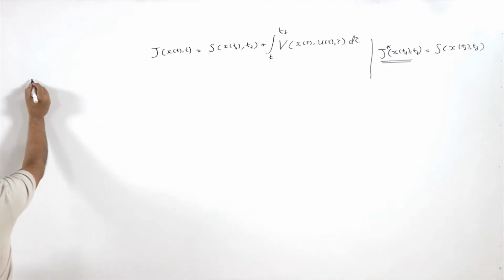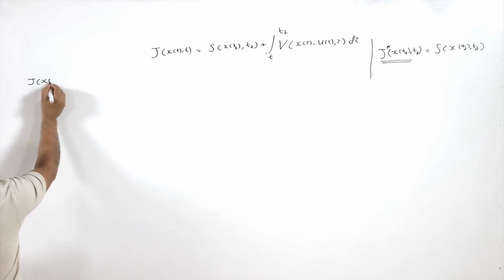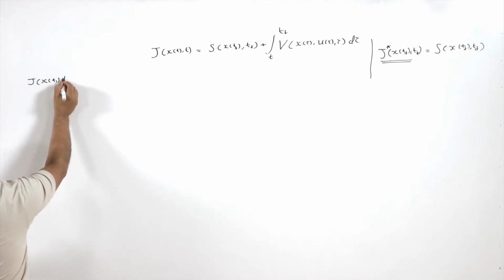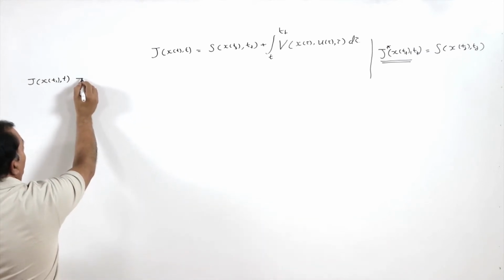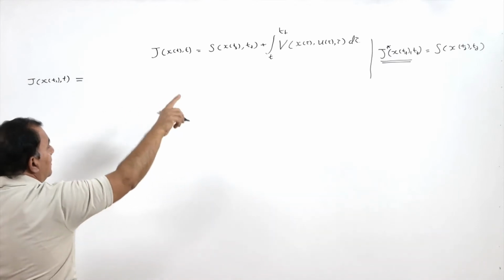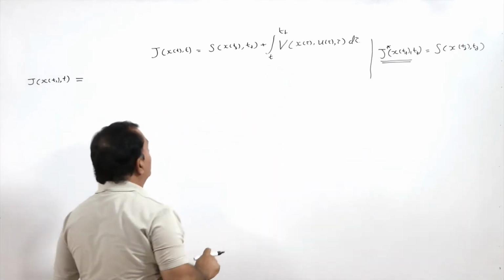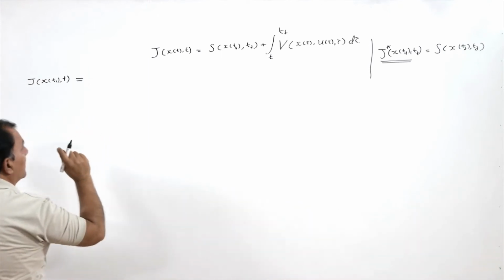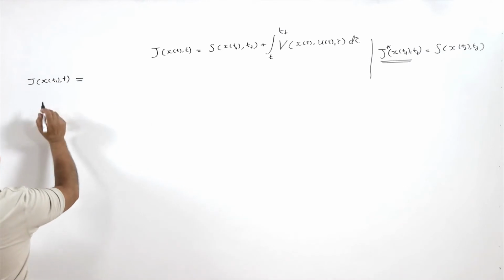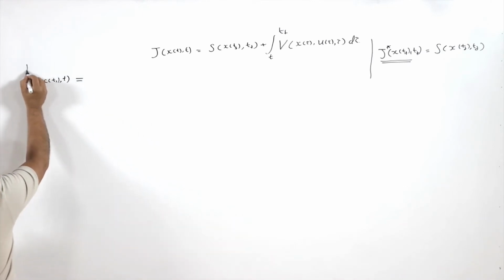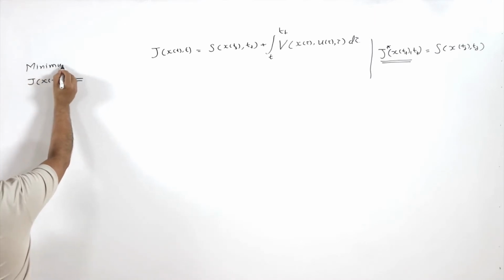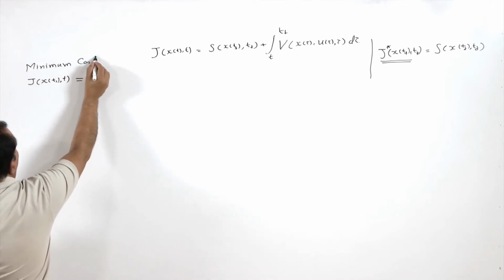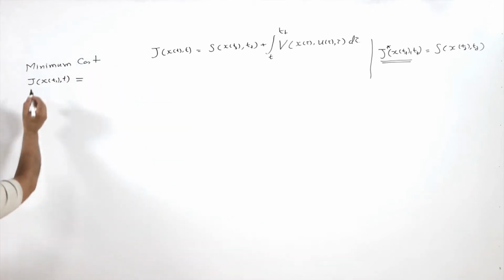Now, what is my minimum cost? Minimum cost means the optimal value of J of x t, t.